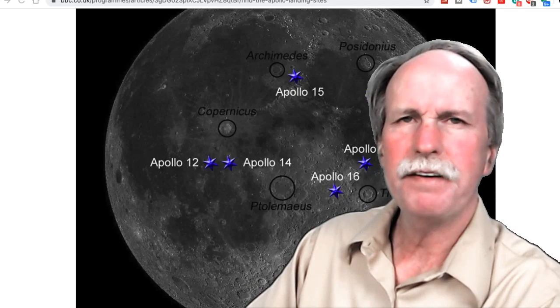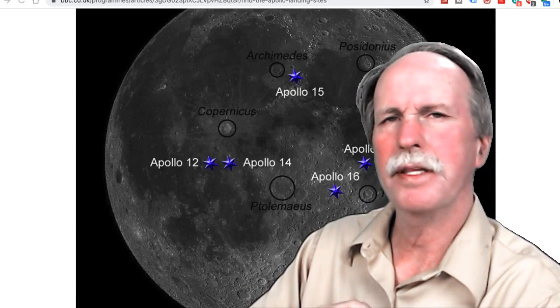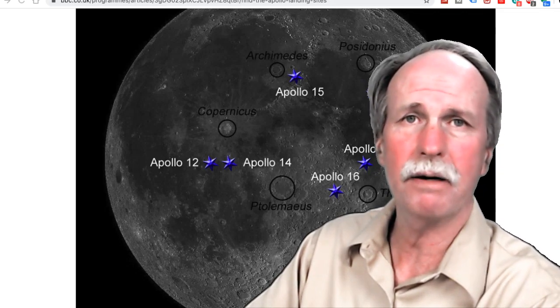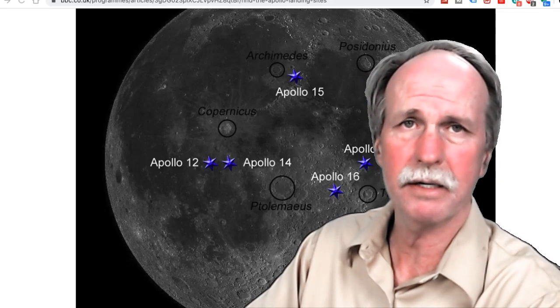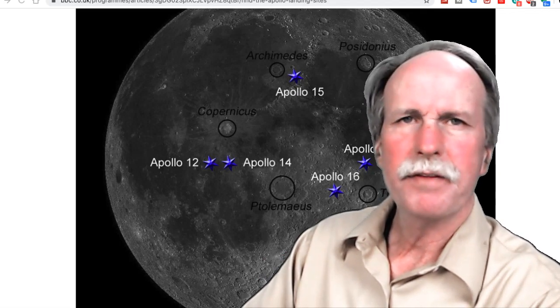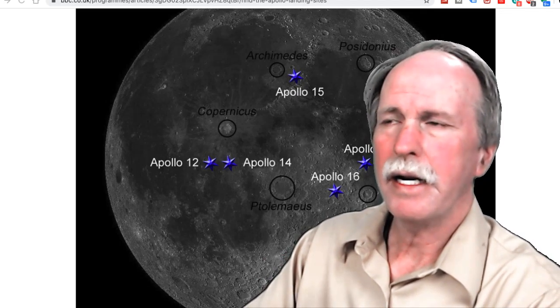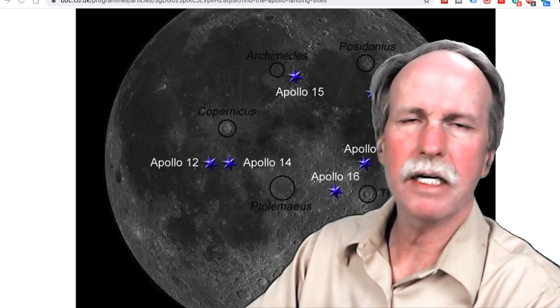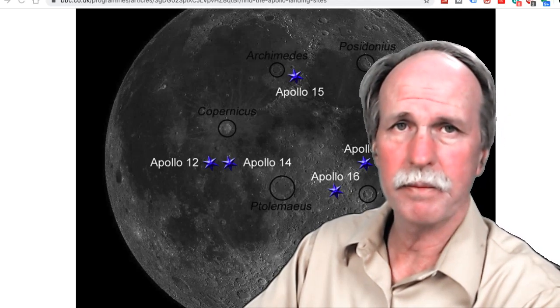That would be about 50 times larger than the detail that we would need to see to actually be able to pick out the Apollo landing sites from Earth using a telescope. But fortunately, we have the Lunar Reconnaissance Orbiter, and it has very detailed images of all the Apollo landing sites and a number of other very interesting features on the moon as well.